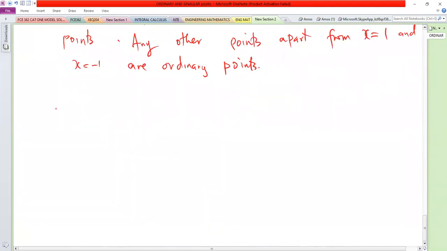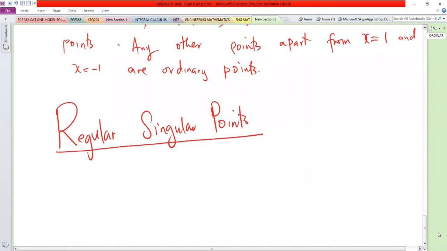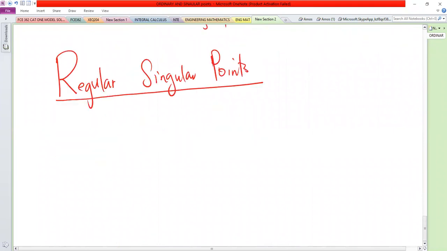So let's define what we mean by regular singular points. We also consider the same equation given in 1.